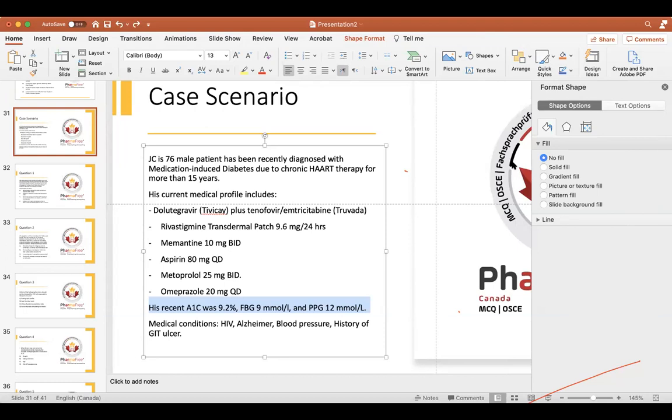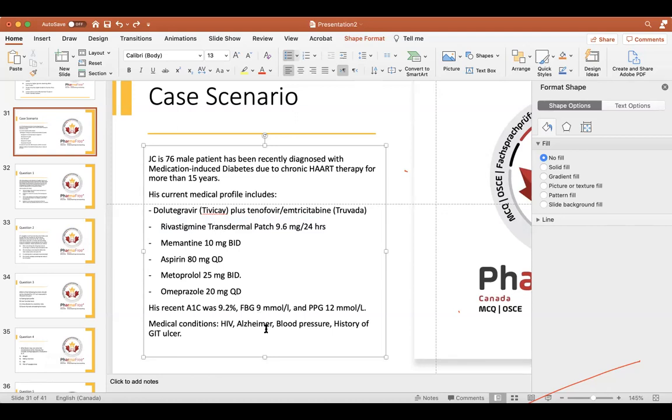This guy has a GIT ulcer, okay? He has a history of GIT ulcer. This is number one. Number two, he's taking rivastigmine and memantine and so on. Rivastigmine has a severe side effect on the GIT and causes weight loss. So rivastigmine, like all cholinesterase inhibitors, causes weight loss, and dulaglutide, the same thing, will cause weight loss and GIT problems.